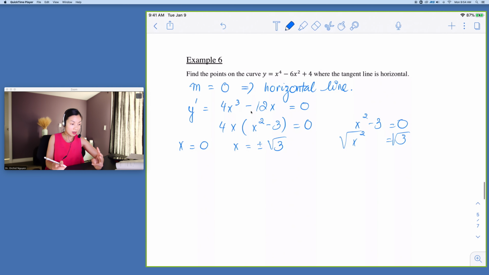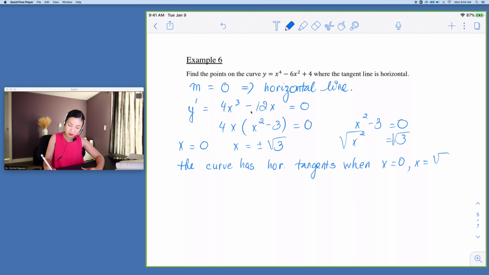Okay, so we have 3 points. So the curve has horizontal tangent when x equals 0, x equals square root of 3, and x equals negative square root of 3. So we have 3 different lines.